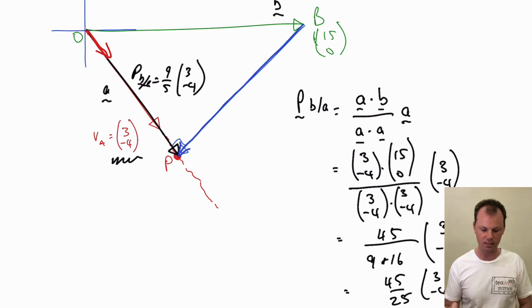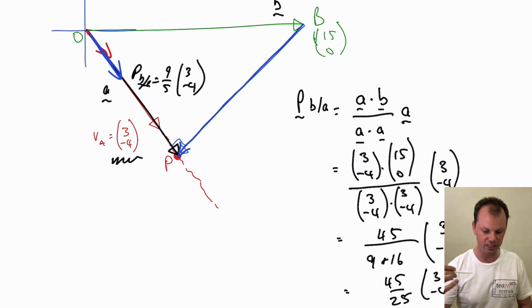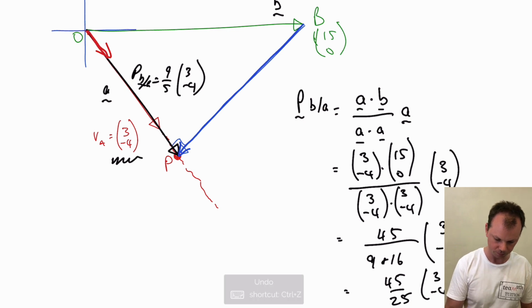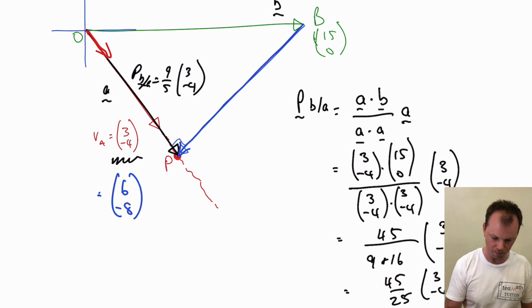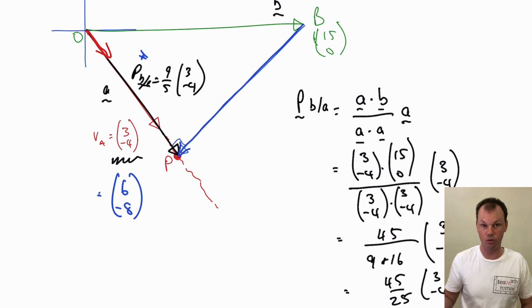So all that matters is the direction of this vector. If we changed our VA, it wouldn't matter. We would still get the same black vector, the same vector projection of B on A. And you could do that at home if you wanted to.